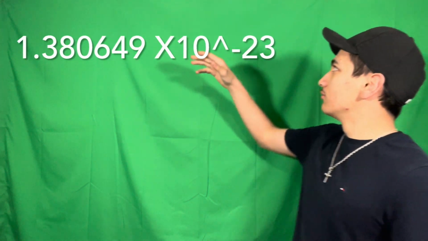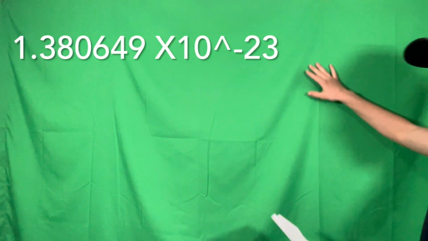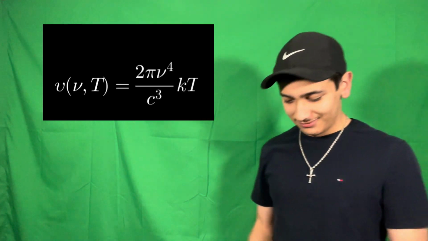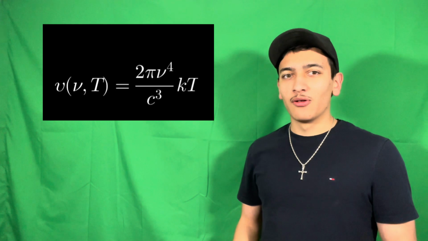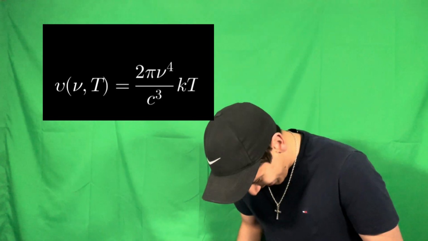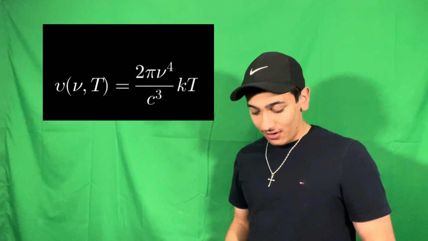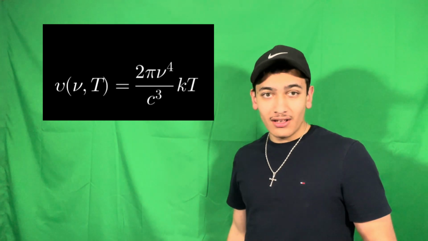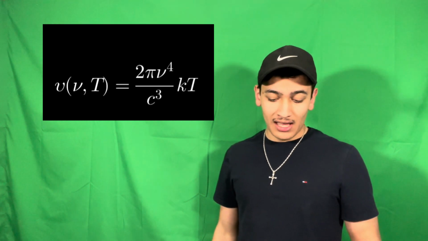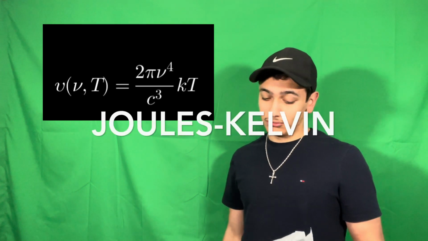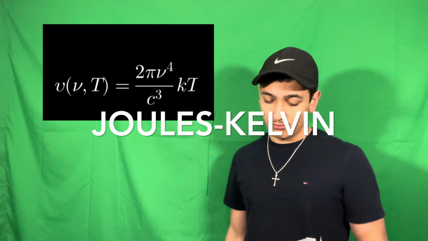Boltzmann's constant, I'm going to put it right there, somewhere on the green screen. It's going to be so annoying to edit later. Boltzmann's constant is 1.3807 times 10 to the negative 23rd joules something else.